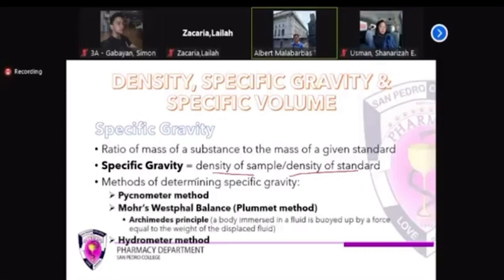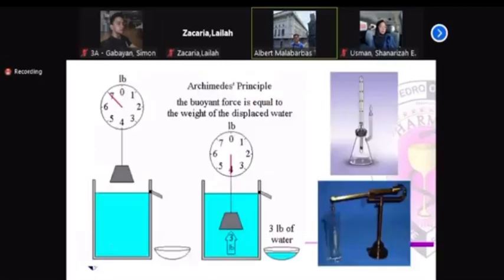So there are 3 methods of determining specific gravity. In pharmacy, we have the pycnometer method, the Mohr-Westphal balance, and the hydrometer method. This is your pycnometer. I think I will demonstrate to you during your physical pharmacy lab how to use the pycnometer.